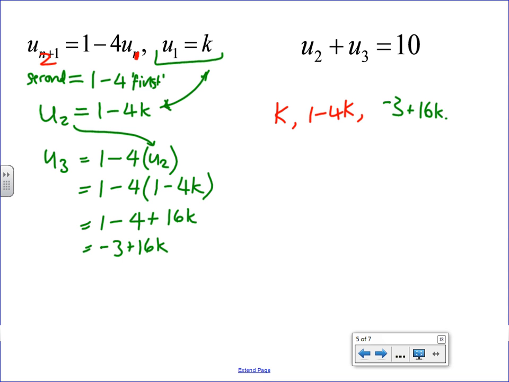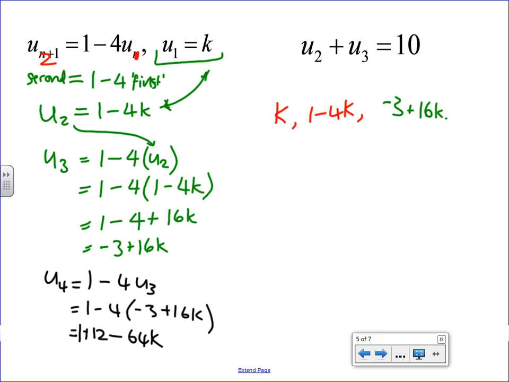The fourth one, u4, would be 1 minus 4 lots of the third one, which is 1 minus 4 lots of minus 3 plus 16k, which is 1 plus 12 minus 64k, which is 13 minus 64k, etc. So here's our first one, u1, then 1 minus 4 of that is u2, and 1 minus 4 of that is u3, and 1 minus 4 of that is u4. We're going to just do that for now.